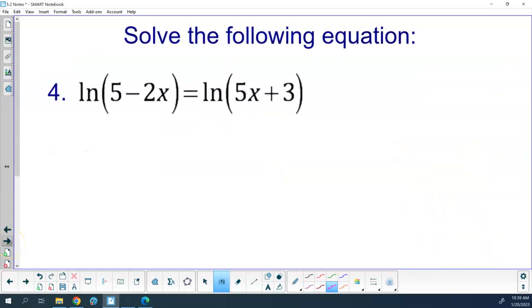Try that one. Do we have the same base? Yeah, both are base e, right? Since we have the same base, then our arguments need to be the same. So 5 minus 2x has to equal 5x plus 3. We can add 2x to both sides, and at the same time, we can subtract 3.